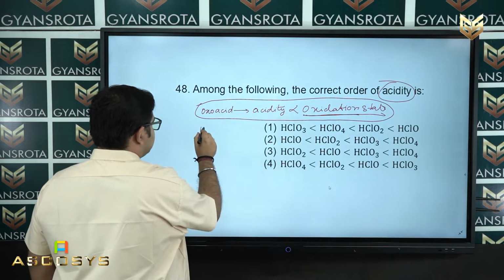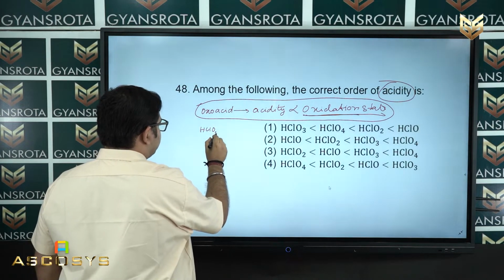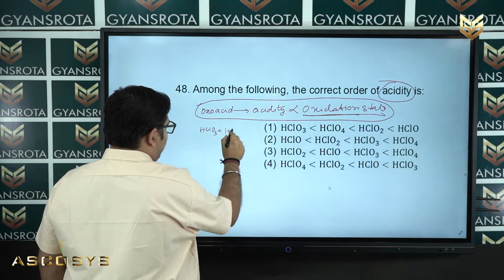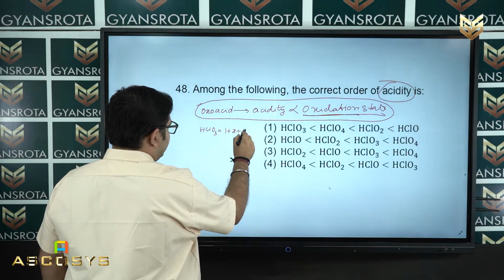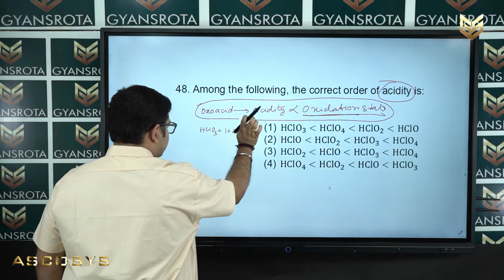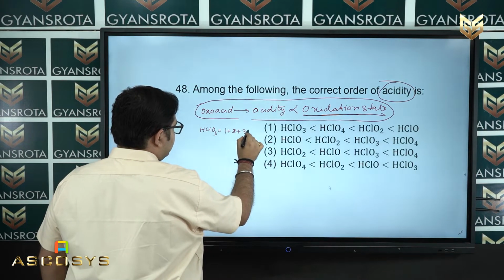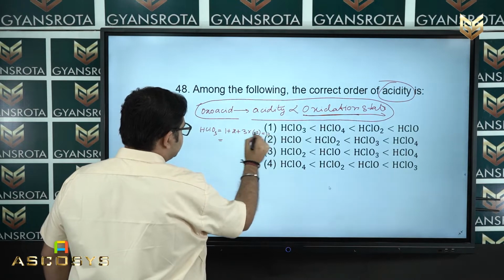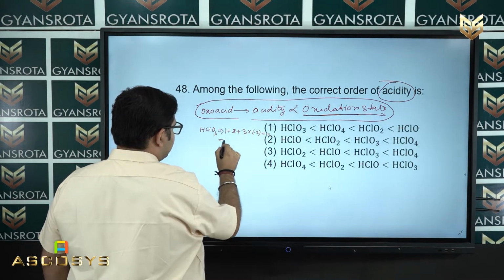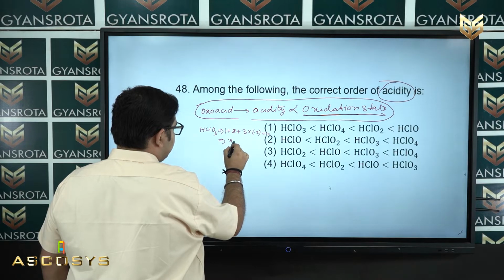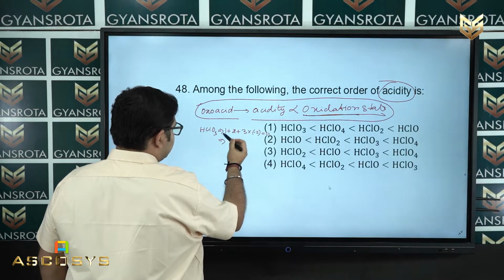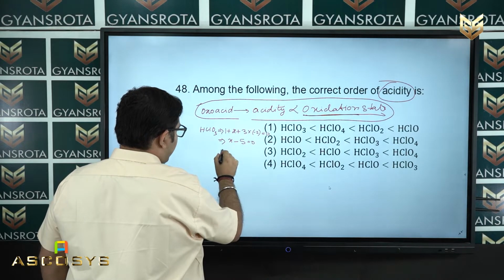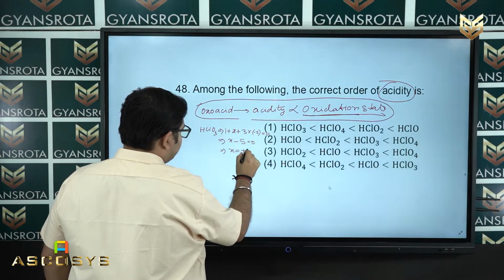First one is HClO3. So, how to find it out? 1 plus X plus 3 into minus 2 is equal to 0. So, it is coming as X minus 6 plus 1, that is minus 5 is equal to 0. So, X is coming as plus 5.